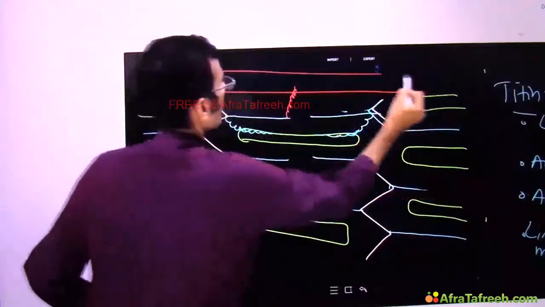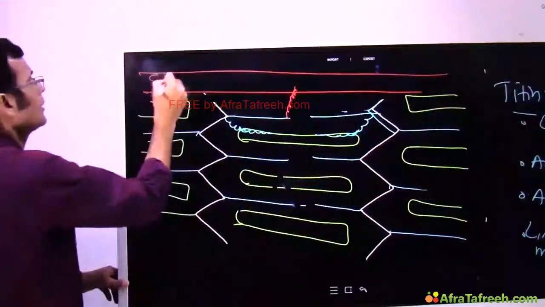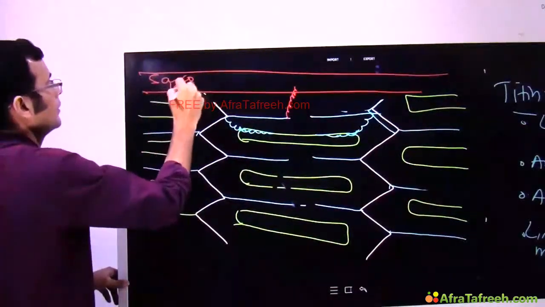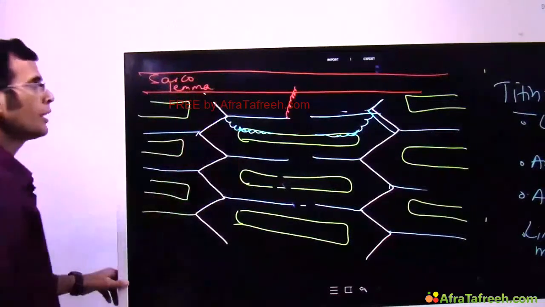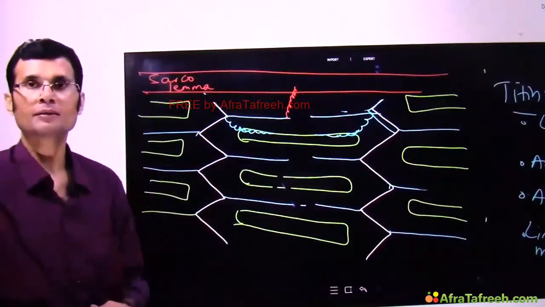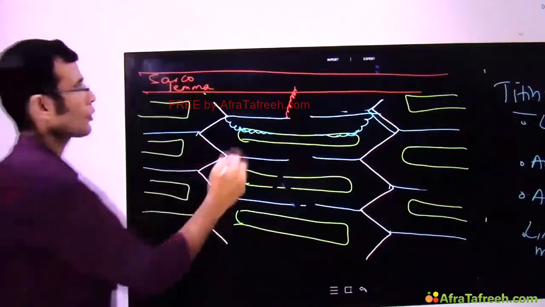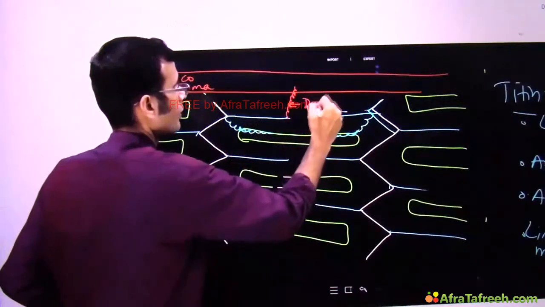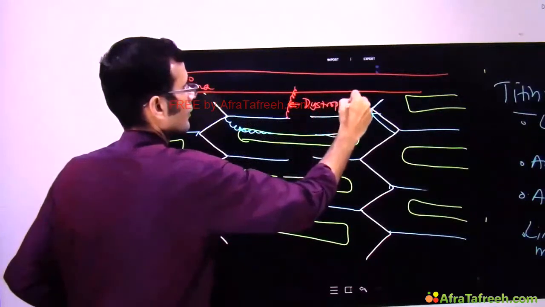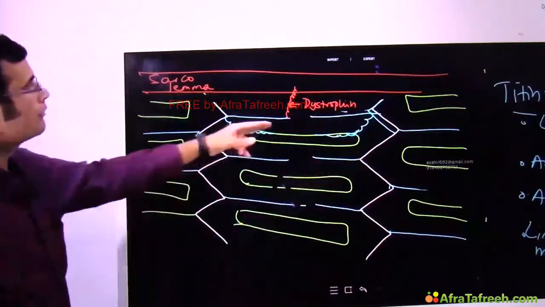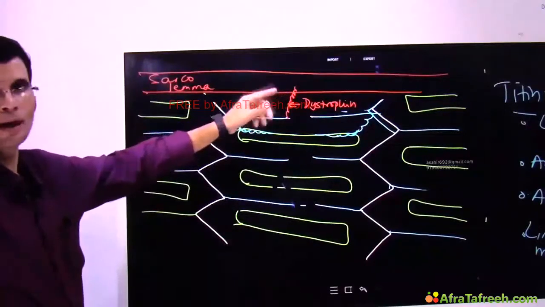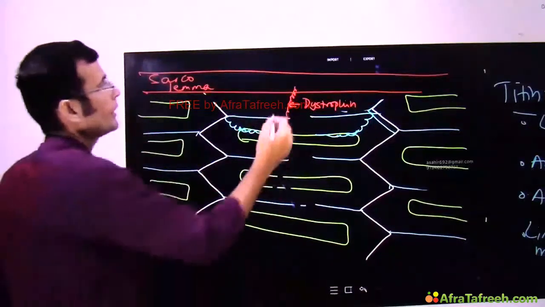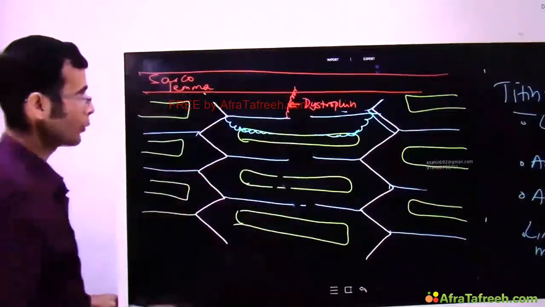The muscle fiber membrane is called sarcolemma. In the sarcolemma, there are glycoproteins. So this is the so-called dystrophin glycoprotein complex. This is dystrophin. It starts from the thin filament and goes to the sarcolemma.